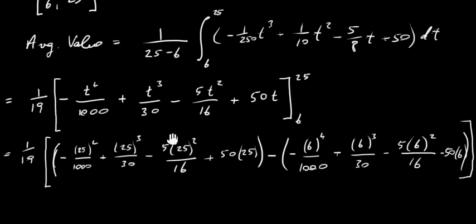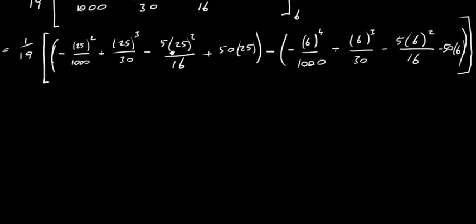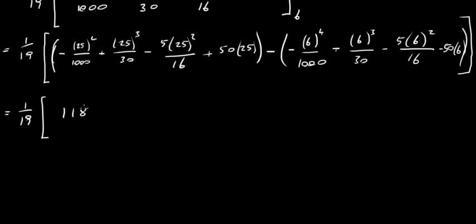Now there's just a lot of calculator work here, so I have done a lot of it already, so I end up with 1 over 19 out here. Now when you do this part here, you end up with 1184 and 43 over 48. Now you might want to do this in individual steps.